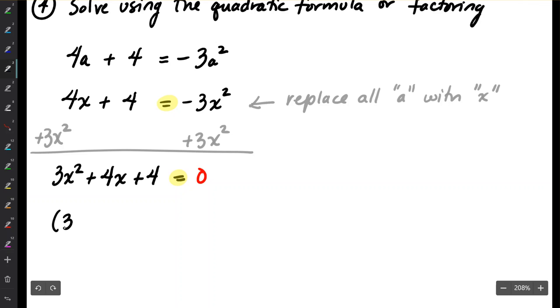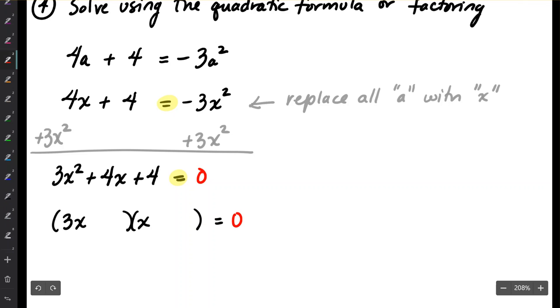My leading coefficient is a 3. 3 is prime, so I know that that 3x squared came from a 3x times an x. And there aren't that many numbers that multiply together to give me 4, right?